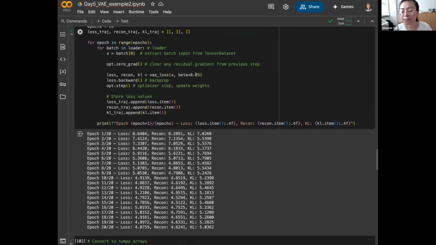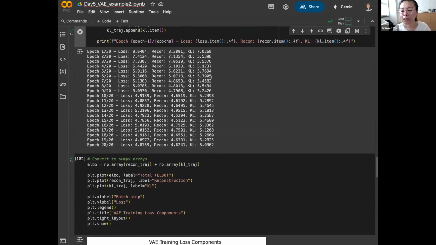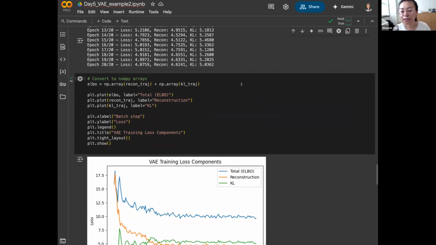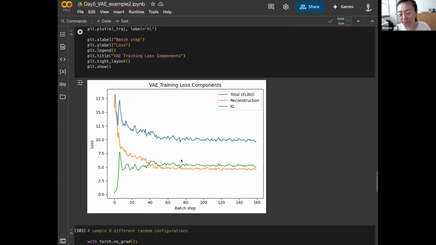And then I changed the beta down to 0.05. So this makes the KL a much smaller ratio compared to the reconstruction loss, and you can see a more balanced loss between those two terms in the loss function.